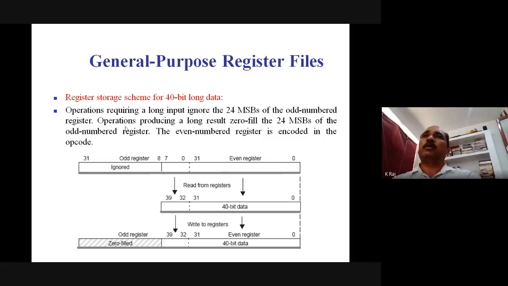Operations producing a long result zero-fill the 24 MSBs of the odd-numbered register, and the even-numbered register is encoded in the opcode.